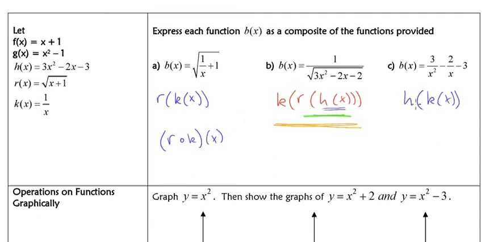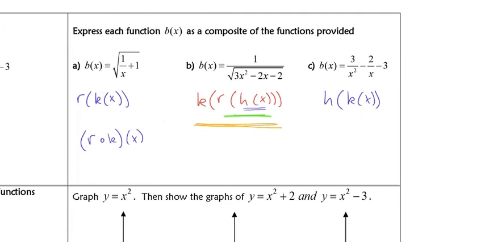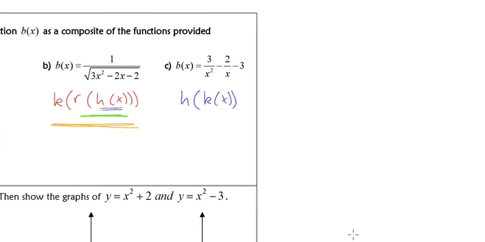And if these are tripping you up, you can always check yourself by going back and actually just working it out. Now that I think it's h of k of x, we'll do one now. So h of x is 3x squared minus 2x minus 3. And so if I've got that as my function, and I'm going to plug in k of x as my x.